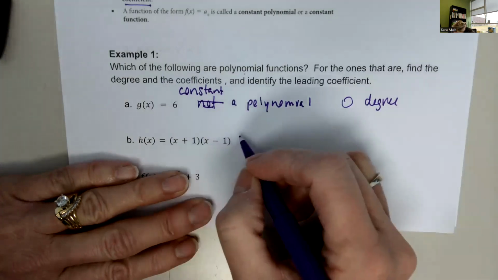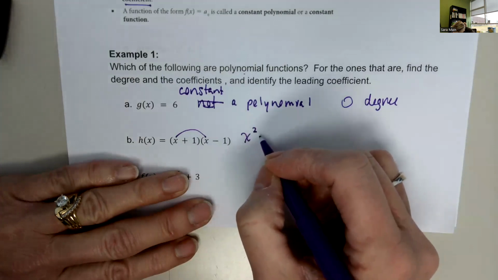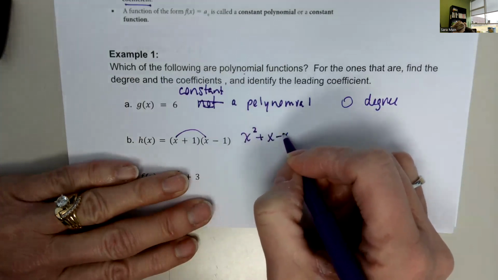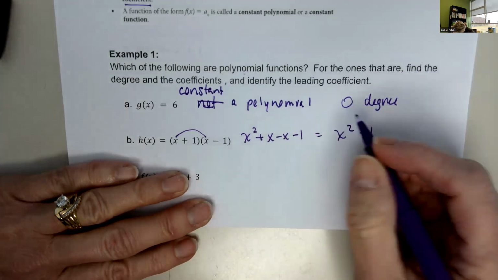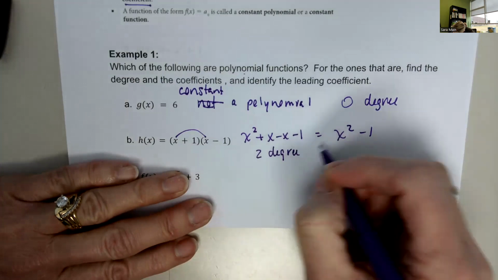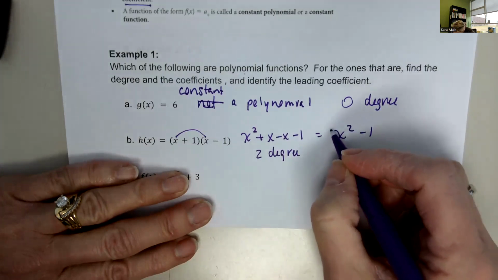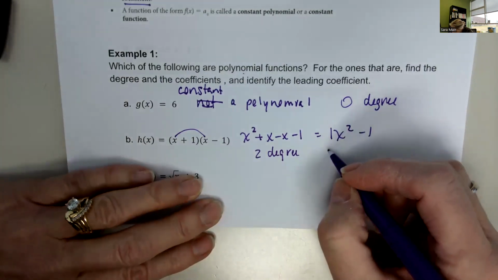This one, we're going to multiply this out. It'll be x squared plus x minus x minus 1. So it ends up becoming x squared minus 1. So it's a second degree polynomial because the highest exponent is 2. And the coefficient on that x squared term is a 1.